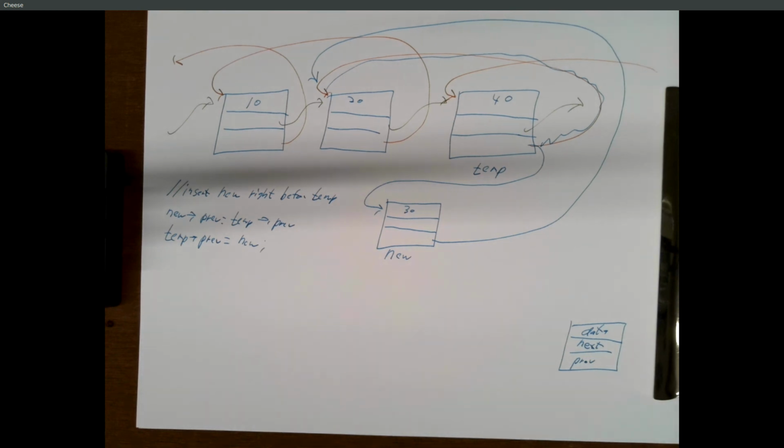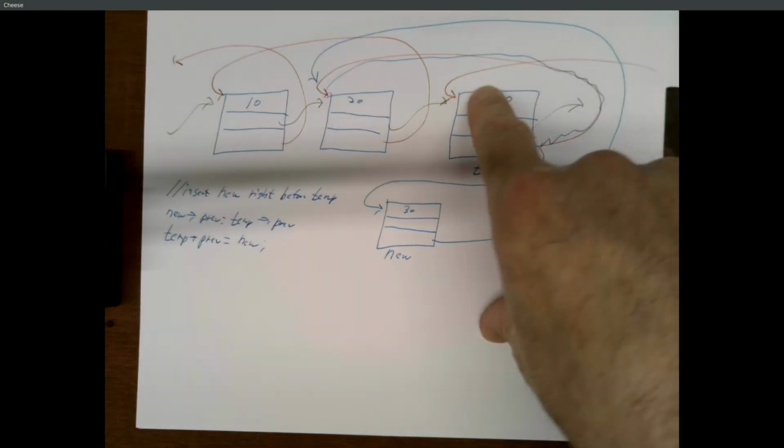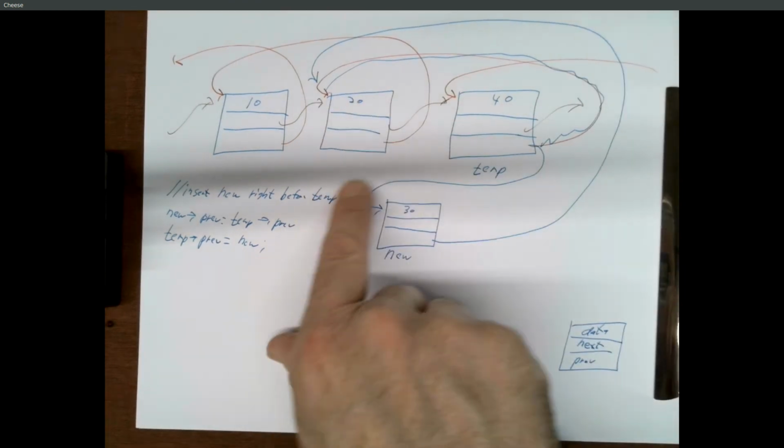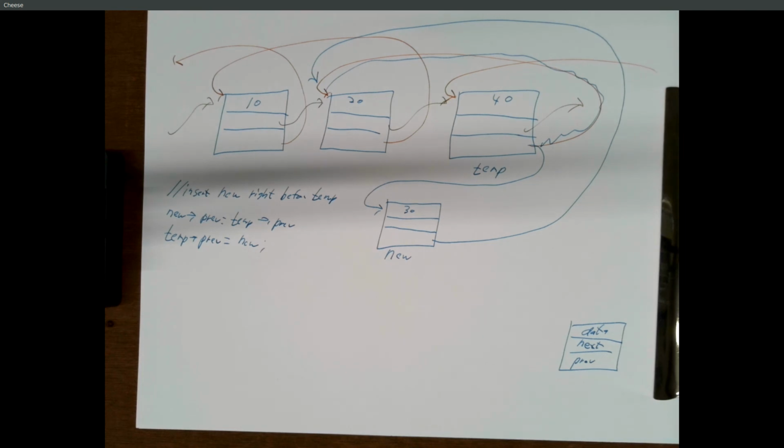All right, so we have our back pointers set up, right? Something is still pointing to 40. 40 points to 30. 30 points to 20. 20 will still point to 10 because we're not changing that. Back pointers are square. What about the forward pointers? Go for it.